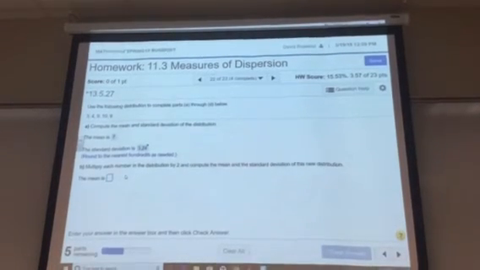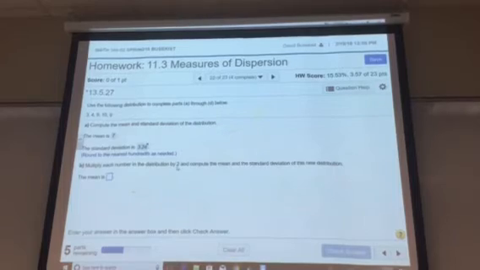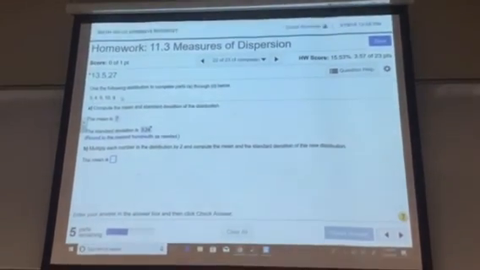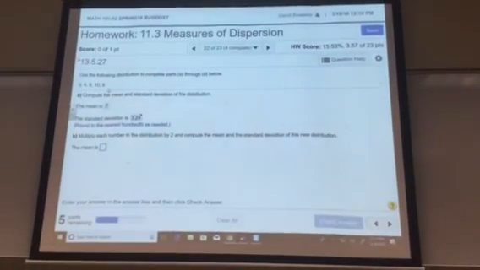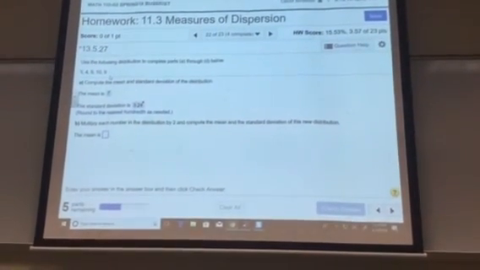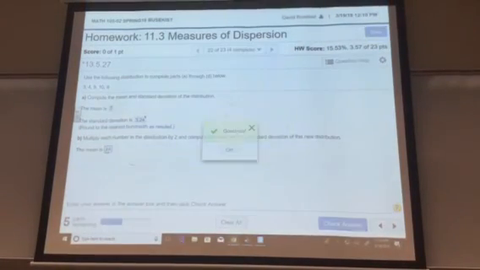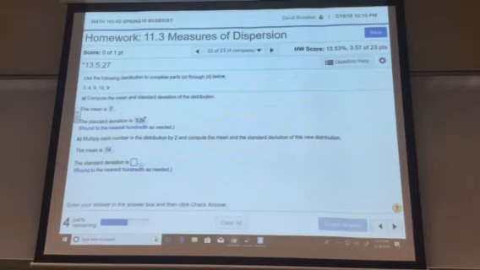I missed that question. So what happens if I multiply every value by 2? What's that going to do to the mean up here? I'm going to make an educated guess. 14. And I'm going to make an educated guess down here.